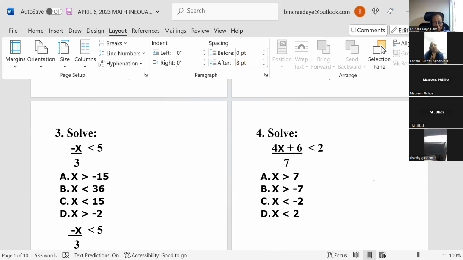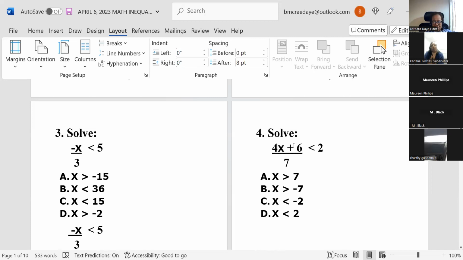This is another mental math, actually. Anybody got the answer? Maureen, you got it? No, miss. It's mental math, right?